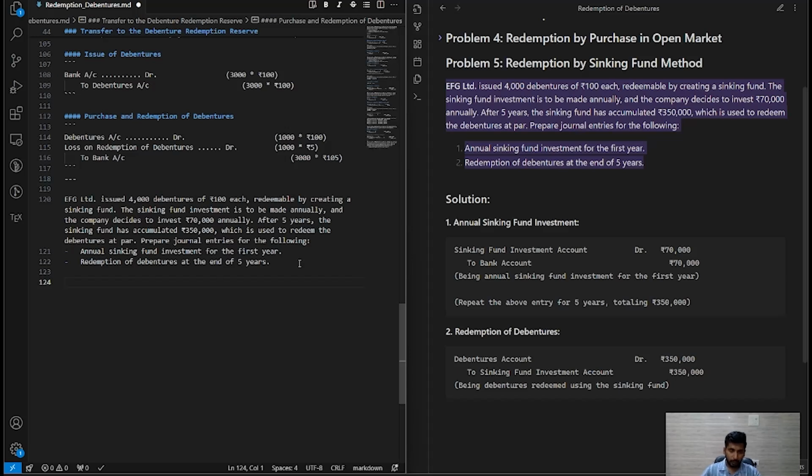So first of all, we will draft the annual sinking fund investment. What will that be? Sinking fund investment account debited to bank account.